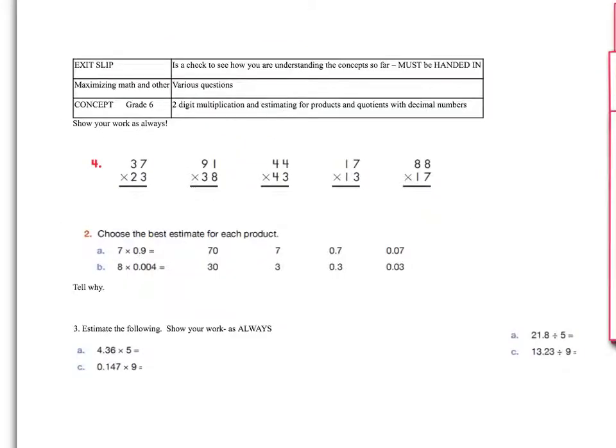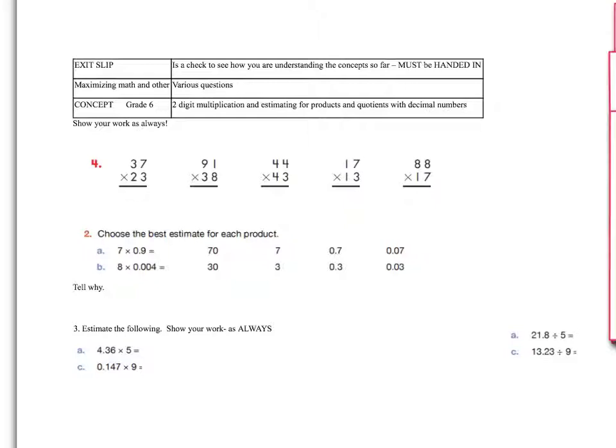All right, after we have marked the concept practice, you will be moving on to the exit slip. The exit slip is here for you electronically if your paper version has been misplaced. As always, make sure you're showing your work. Exit slip, remember, is a check to see how you're understanding the concept so far. Must be handed in so I can see how it's going.